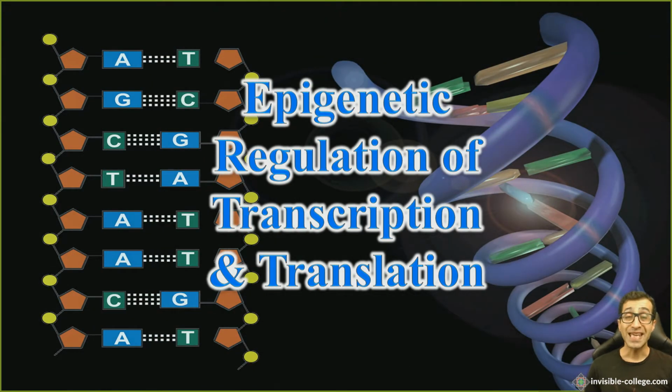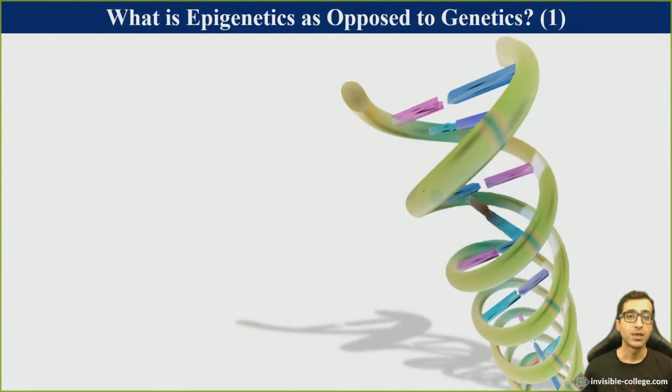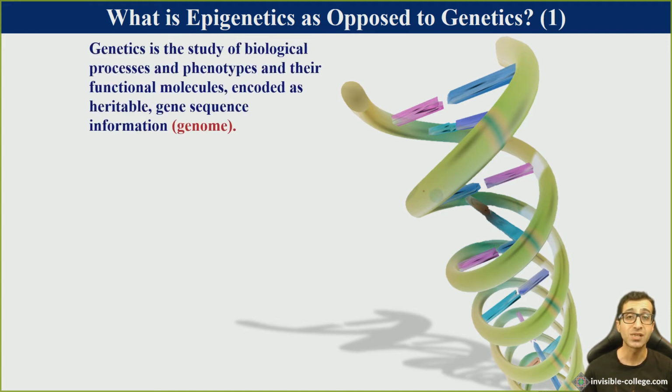So let's have a look at the epigenetic regulation of transcription and translation. Remember, genetics is the study of biological processes and phenotypes and their functional molecules encoded as heritable gene sequence information, which we refer to as the genome.